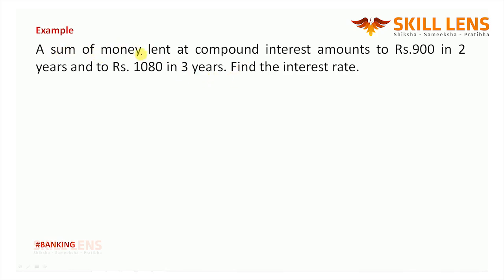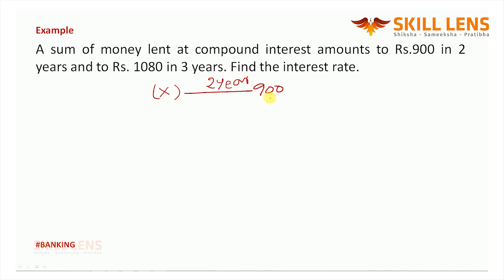A sum of money lent at compound interest amounts to 900 in 2 years and 1080 in 3 years. Find the interest rate. Okay, guys, there is some x amount of sum, and it becomes 900 in 2 years.